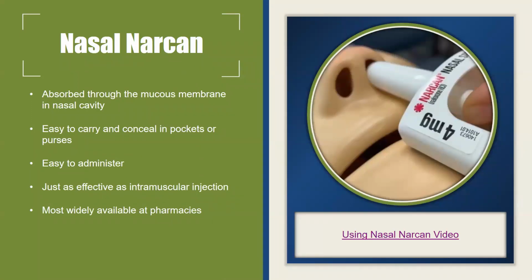It's important to know that there's only 1 dose per applicator, and there's no need to prime your dose or anything like that. So as soon as you go ahead and spray, you will be administering the whole dose.